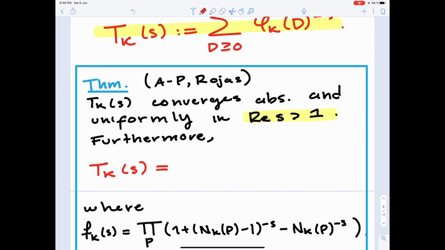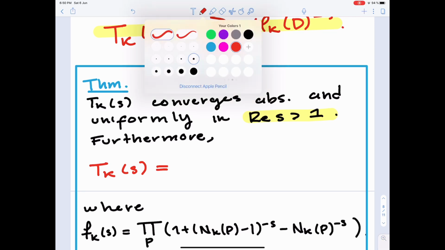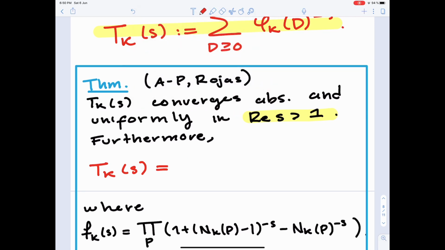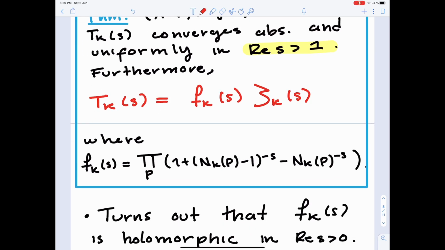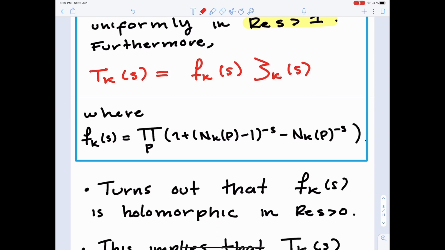Furthermore, we can factor out the zeta function. So this is going to be some function f times the Dedekind-Weil zeta function of the global field. And f of s is given by this Euler product, the product over all closed points of this expression over here.